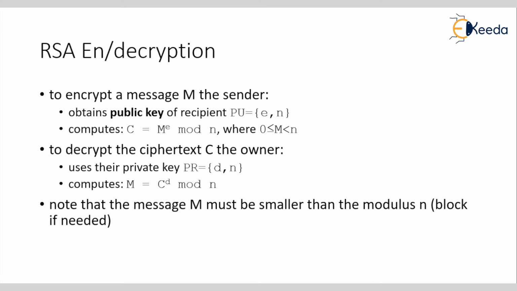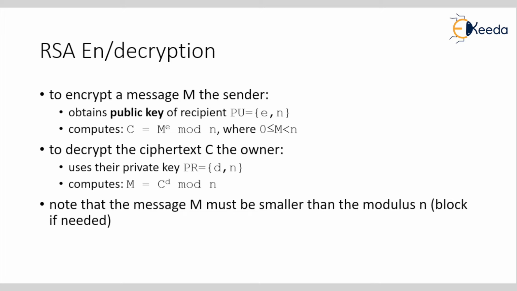PU is the public key of the recipient, which is a pair of E and N. This helps us compute the ciphertext using the formula C is equal to M to the power of E mod N, where 0 is less than or equal to M, which is less than N. Here capital M is the plain text message.